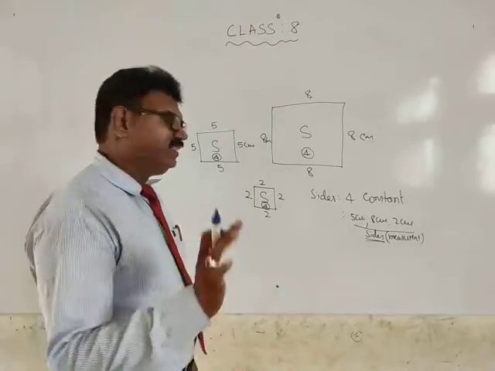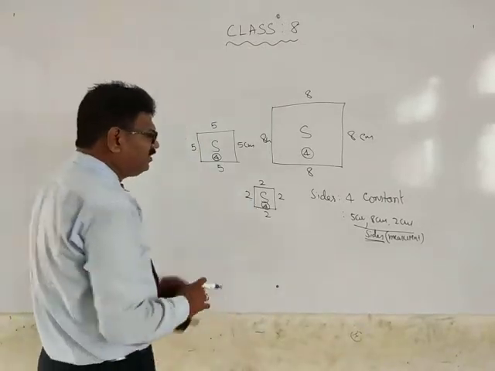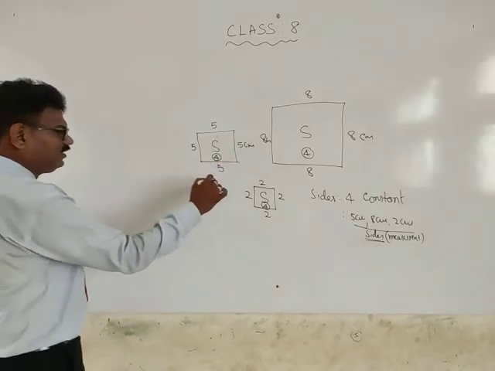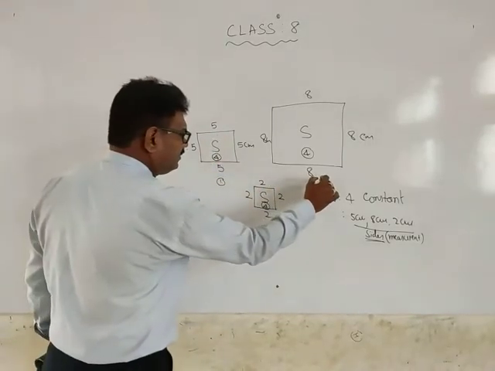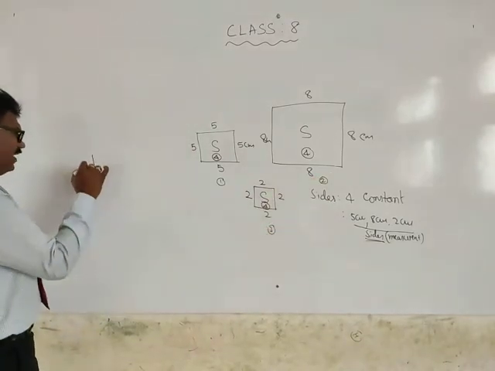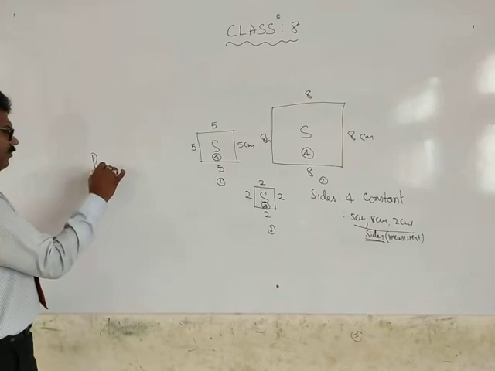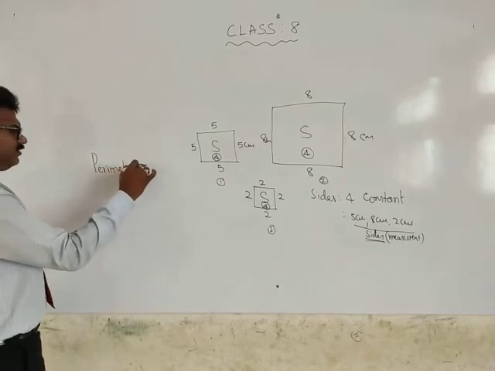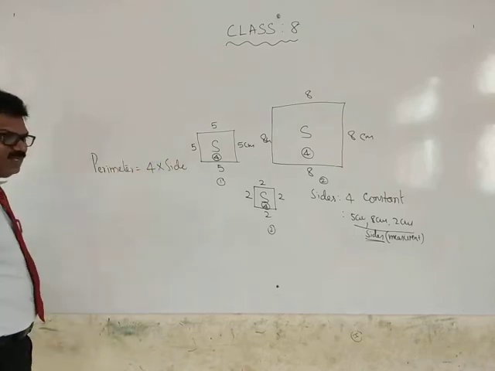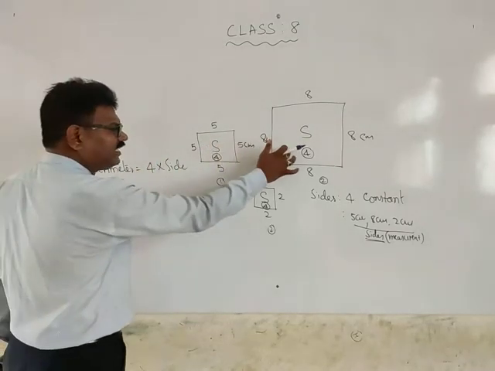Did you understand? If you go for finding the perimeter, this is the first figure, this is the second figure, and this is the third figure. Perimeter means 4 into side. Here also 4 into side, here also 4 into side.